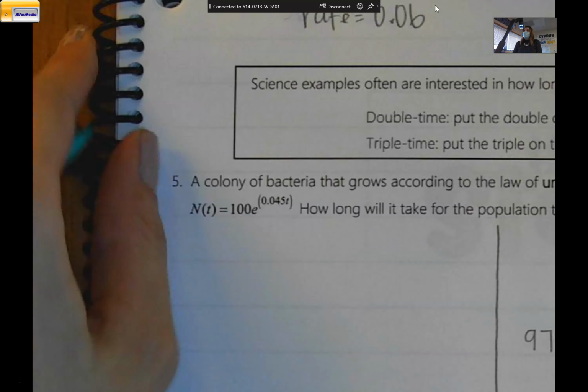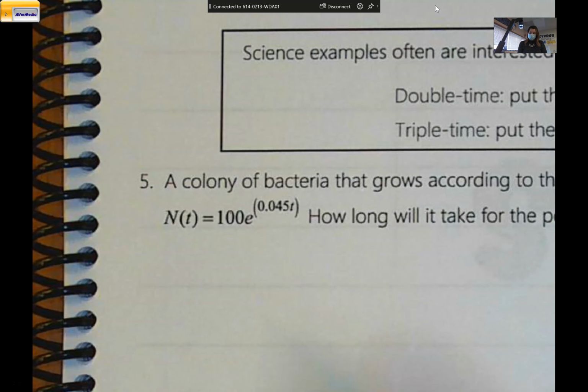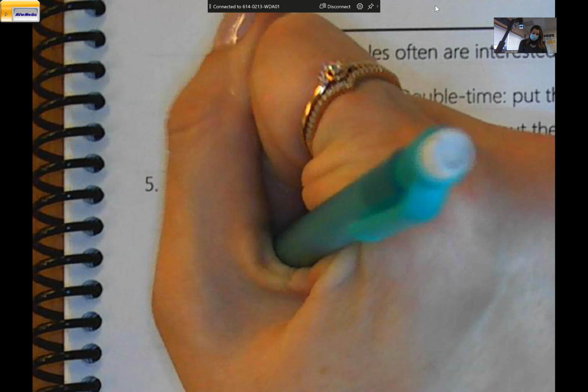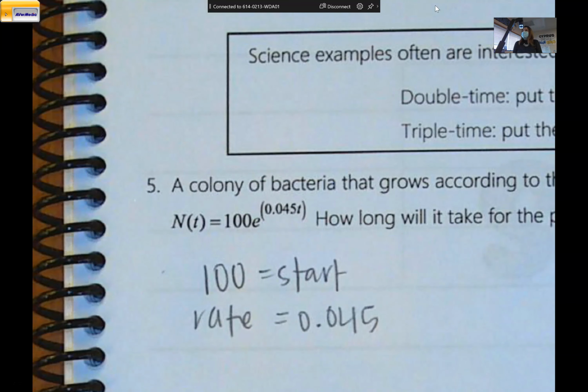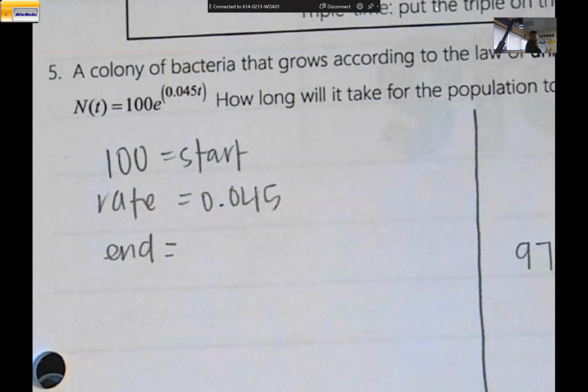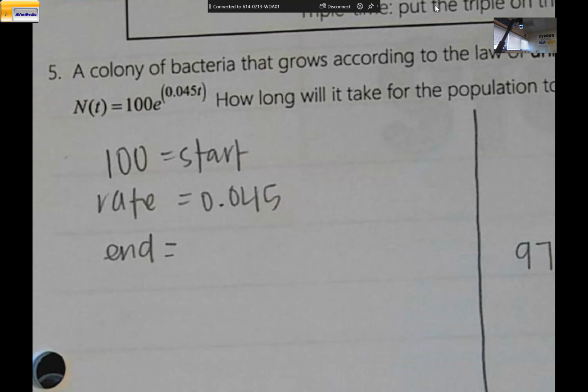So that means that your starting amount is 100. And your rate is 4.5%. They want to know how long will it take for your population to double, which just means you need to identify the ending amount. So if we start with 100, what will it go to if we double?